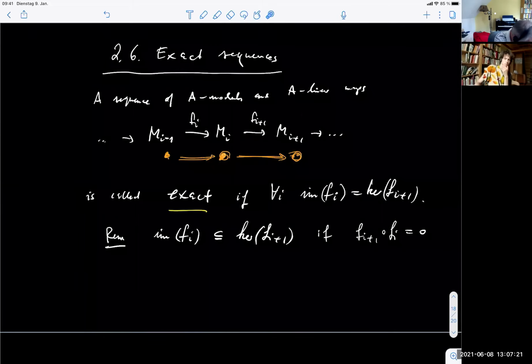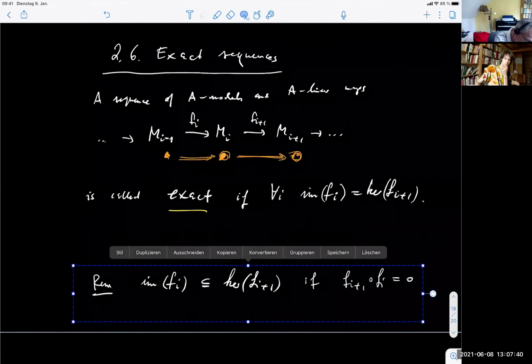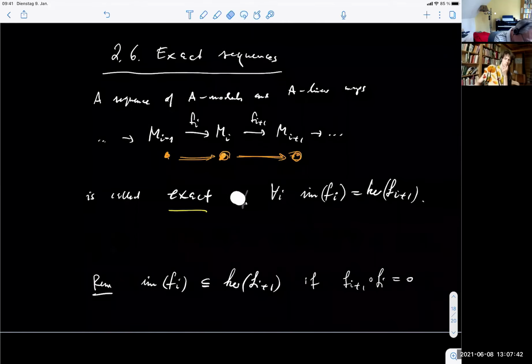Okay, maybe I should say, let me improve my notes. I want to say it is exact at M_i if this holds at the position i, and if it is true for all i, we say the sequence is exact.